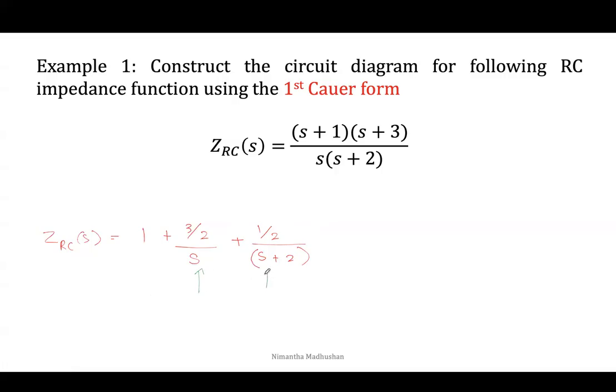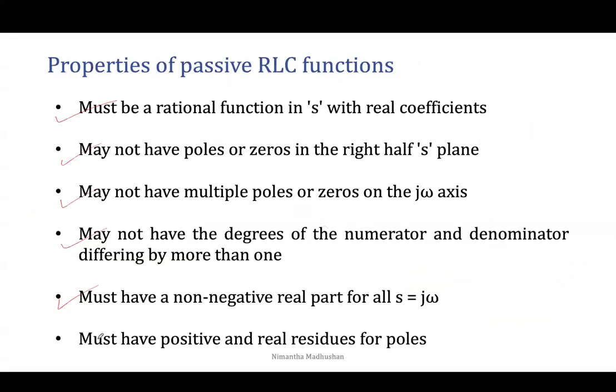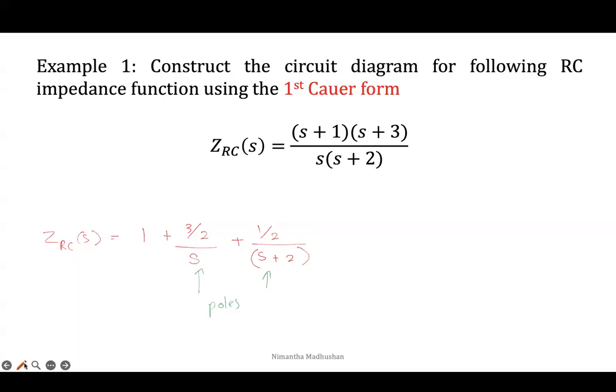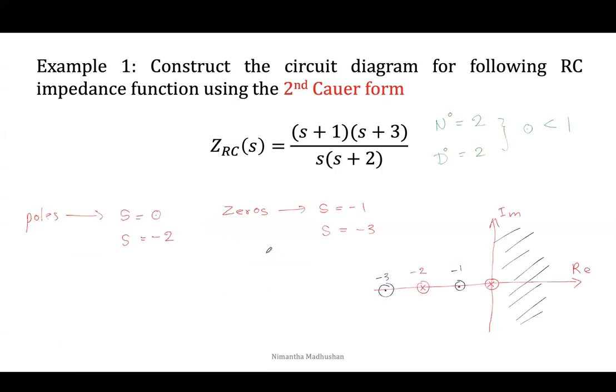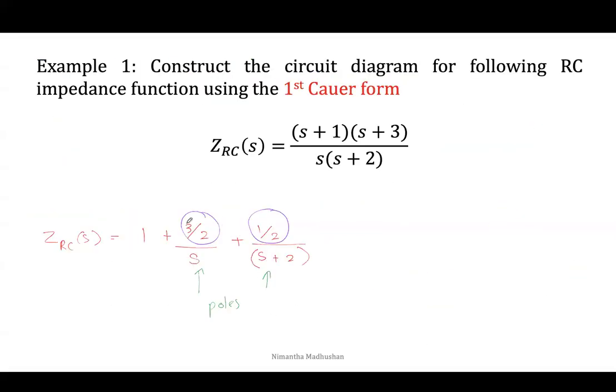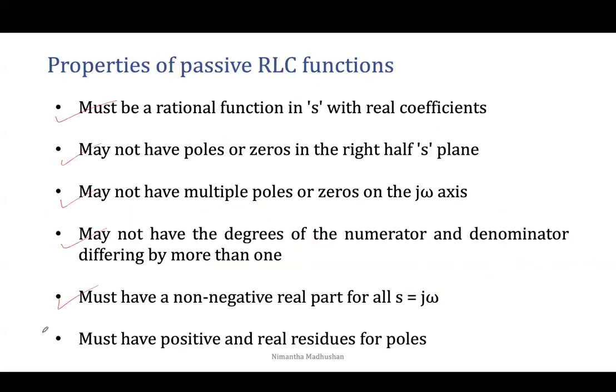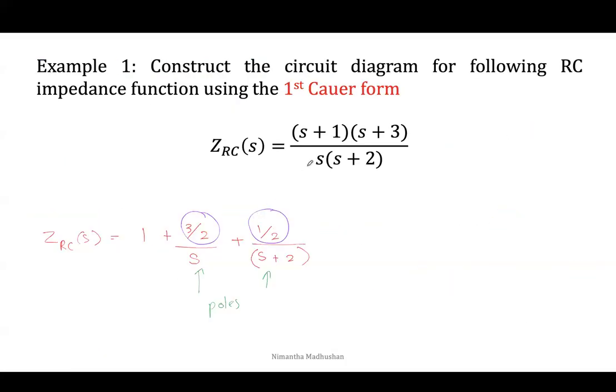These are the poles. The sixth property says it must have positive and real residues for poles. And these are the residues. You can see both are real and positive. Then the last condition is also satisfied. Then we can do the first Cauer form.